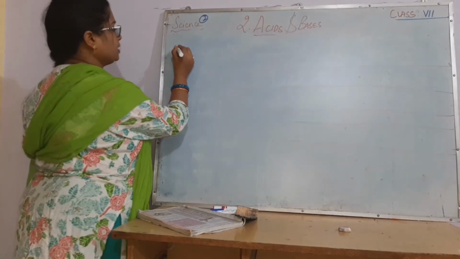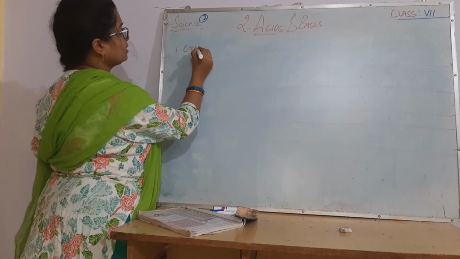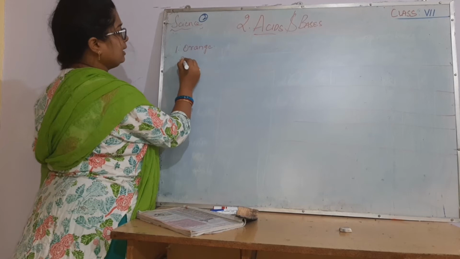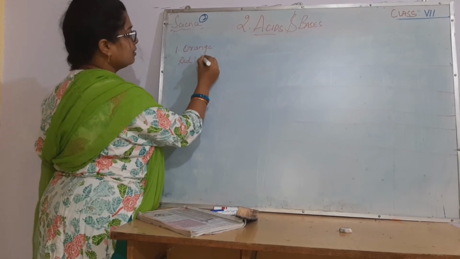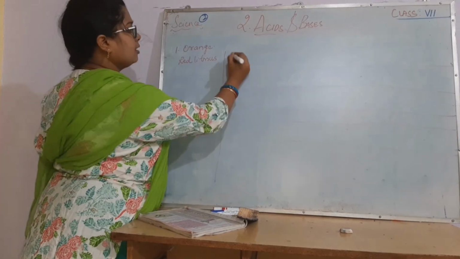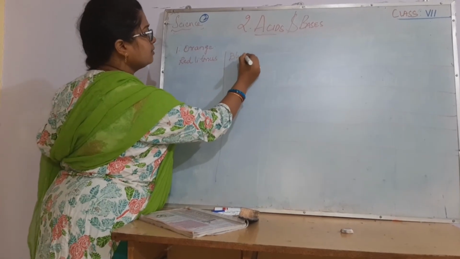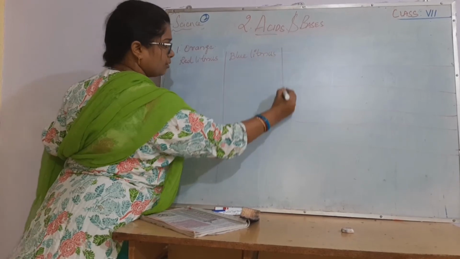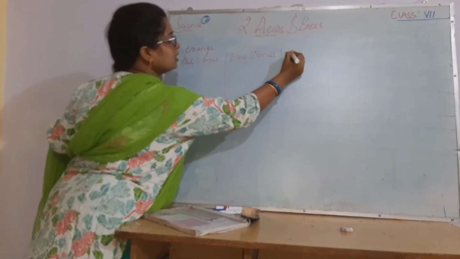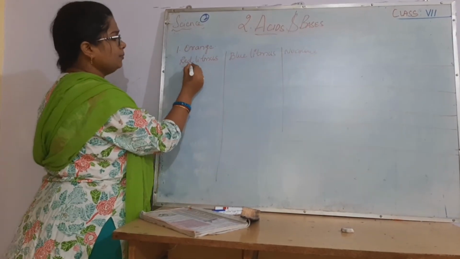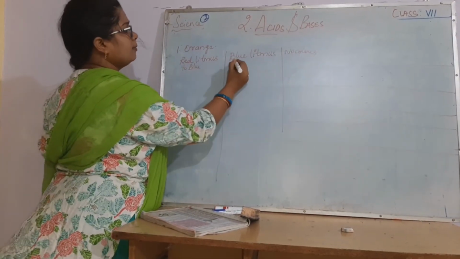Here are some substances given. Orange: you are supposed to test with red litmus paper and blue litmus paper. No color change. Red litmus to blue, blue litmus to red.